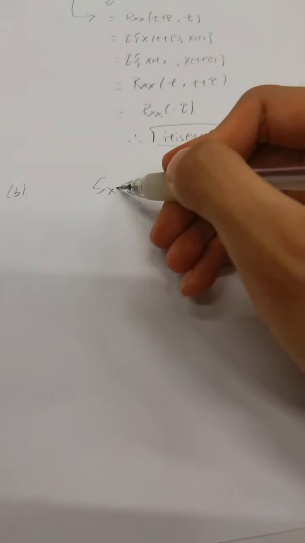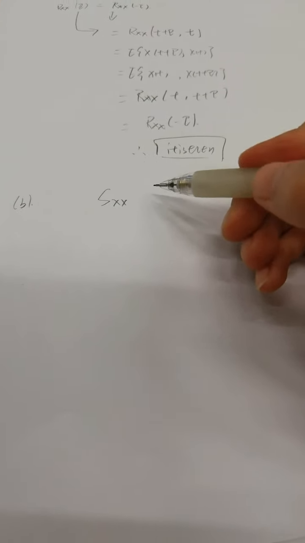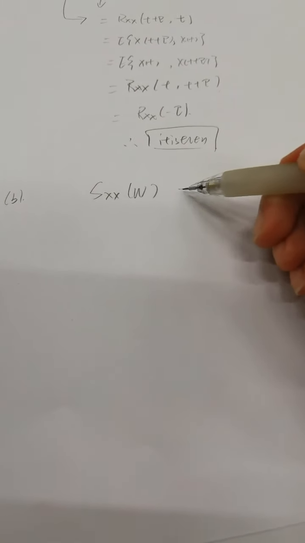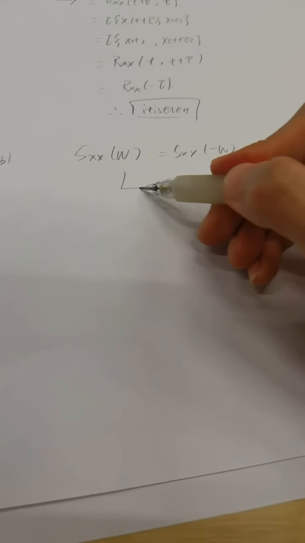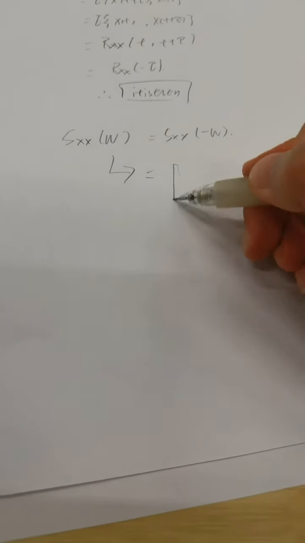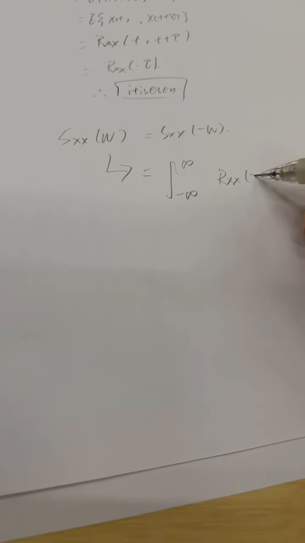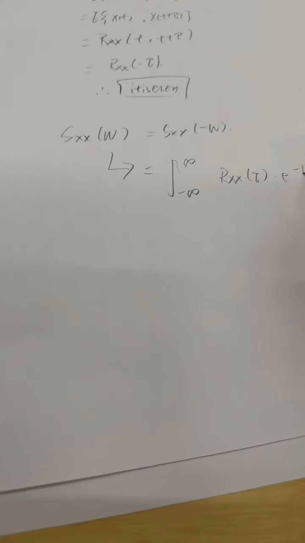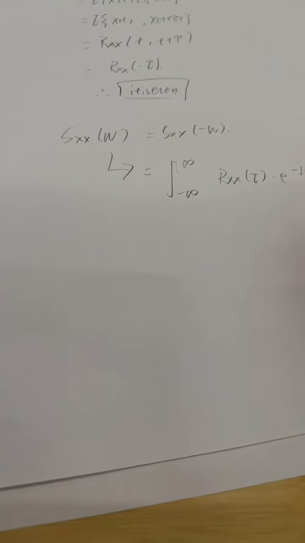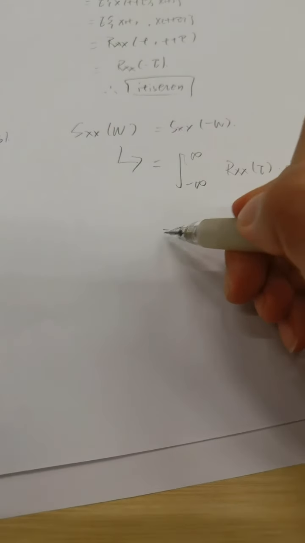For part B, they want us to show Sxx is even and non-negative. At first I want to show it's even. Same idea as before, we need to prove Sxx(ω) equals Sxx(-ω). So Sxx(ω) is equal to the integral from negative infinity to infinity of Rxx(τ) times e to the minus jωτ dτ.